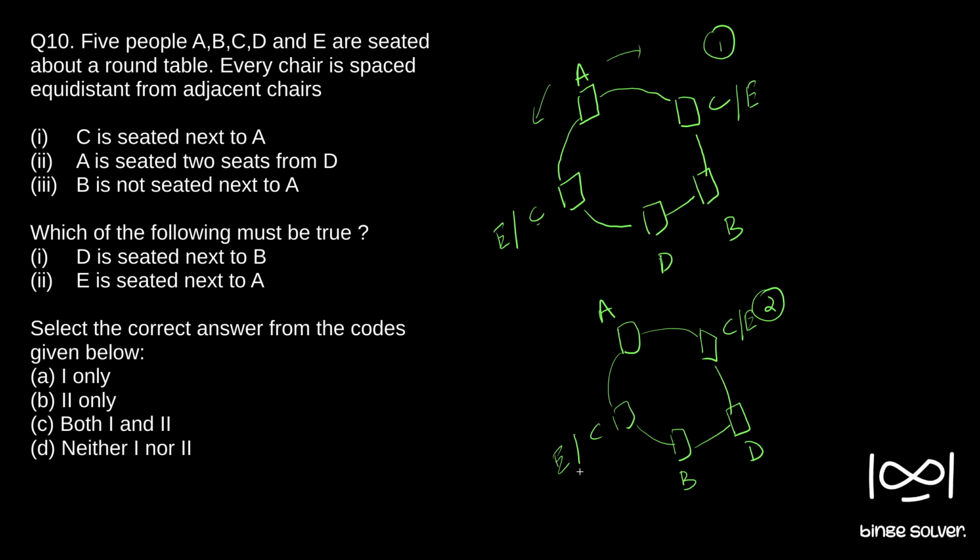So in both cases, E is seated next to A, even if C is on either side. So both these statements are true in both cases. So the correct answer is both 1 and 2, C.